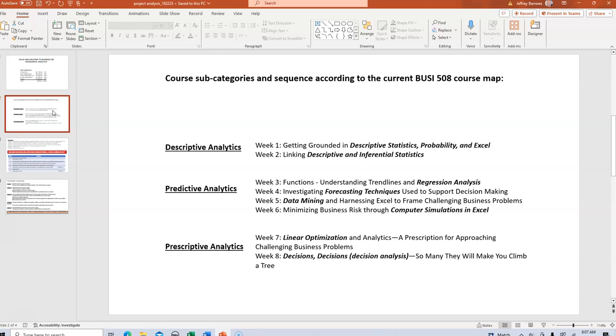Just quickly here, this first couple weeks, week 1 and week 2, are really just a good rigorous reminder of what you would have studied in an undergraduate statistics course. Again, a bit of probability and statistics, and then again, based on the importance of Excel, there's some Excel discussion in there as well. I say the first 2 weeks of the course are probably a bit slower than what you're going to experience through weeks 3 through 8.